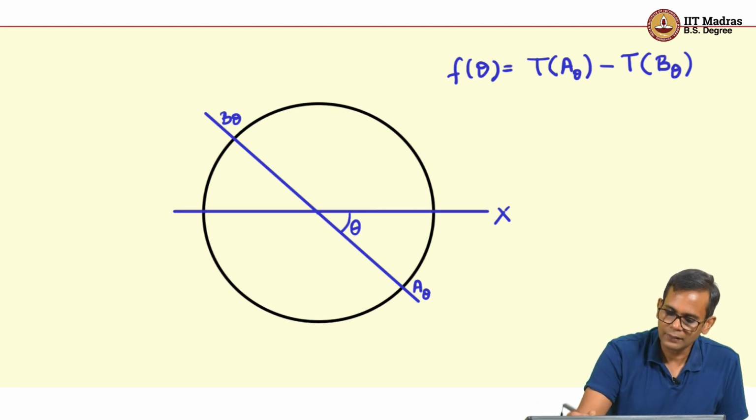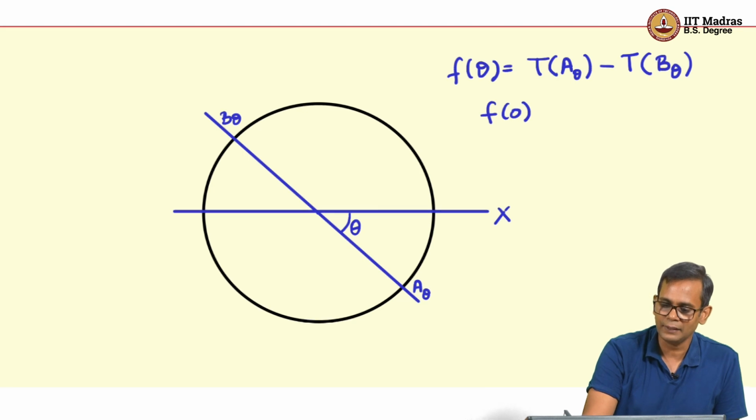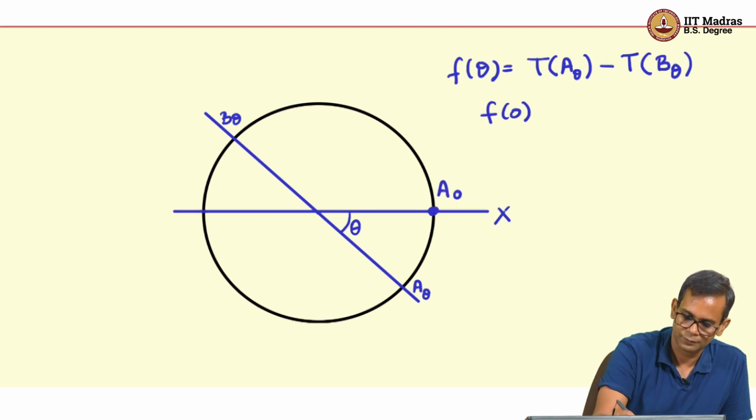Now, let us look at f of 0. So, this is going to be the value of the temperature difference at A0 and B0.